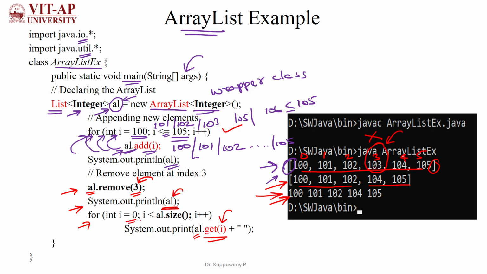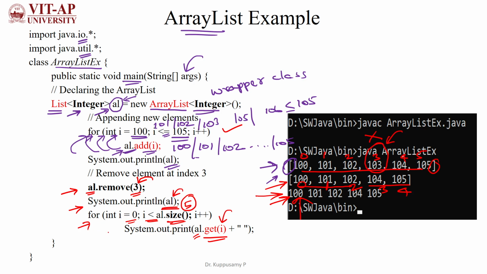So i equal to 0, so 0th index. So as of now 0th index, first index, okay, second index, third index, fourth index. Okay, so I'm getting the size of the array here as 5. Now i equal to 0, 0 less than 5, which is true, a.get(0), 0th index value, this 100 is printed here.